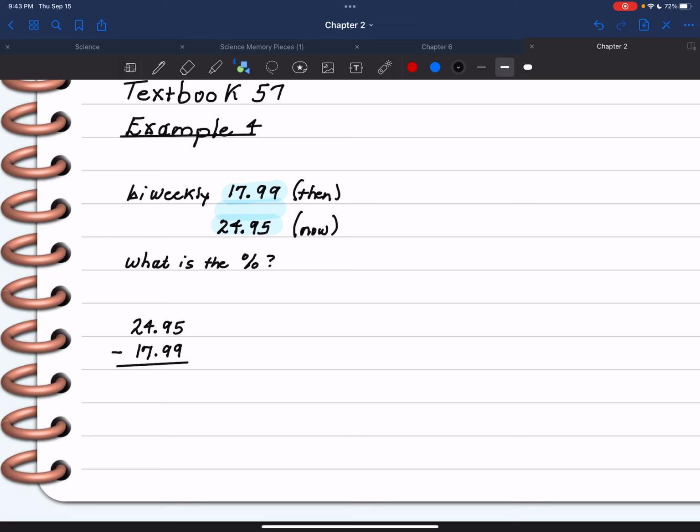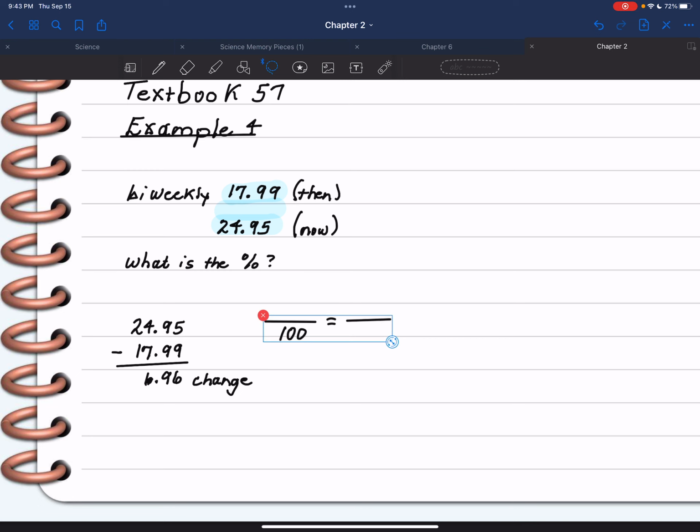I'm going to do that on my calculator because I'm not going to miss the whole problem because I make a mistake here. $6.96. That is the change. Let me do that one more time just to be sure, because I don't want to blow it right here. Okay. Then we need this thing.